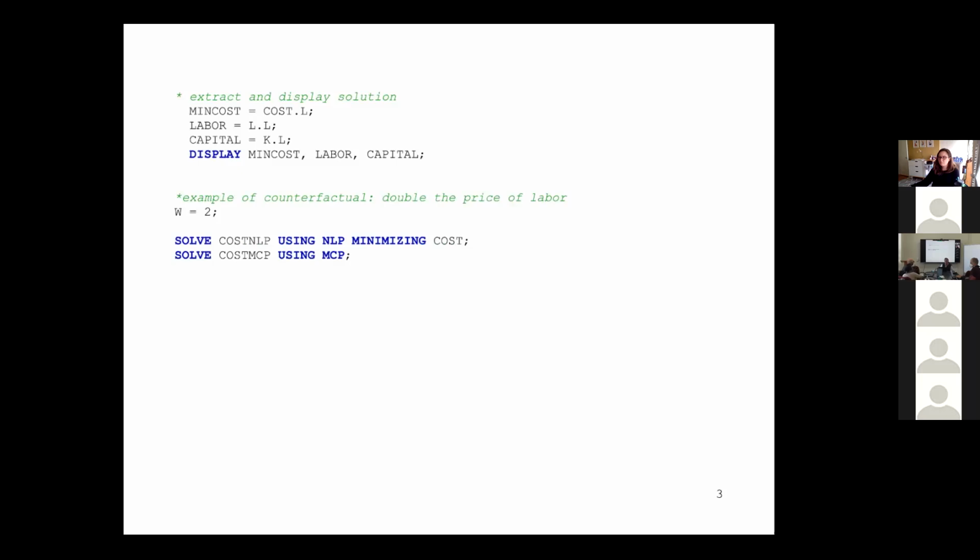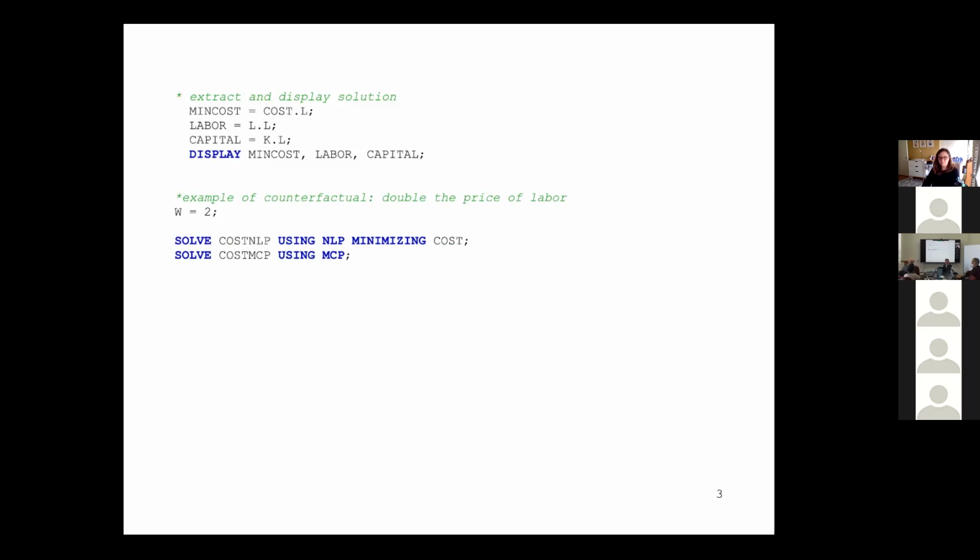Okay, so then extract things, and again, the way you do a counterfactual is just change the parameter value. And you don't have to respecify the model, it's the same model, you just need the solve statement. So solve it both ways, and you want to check that they're both the same answers.